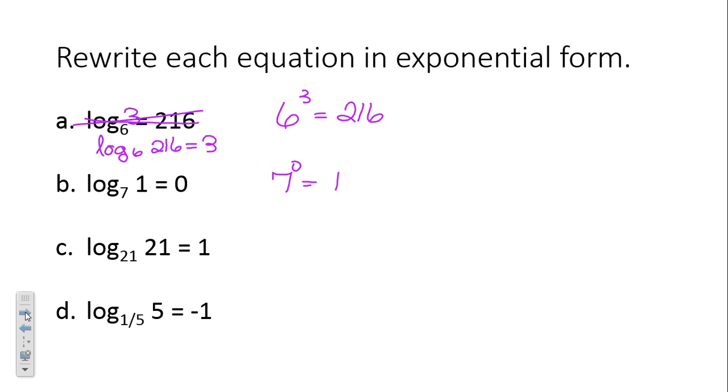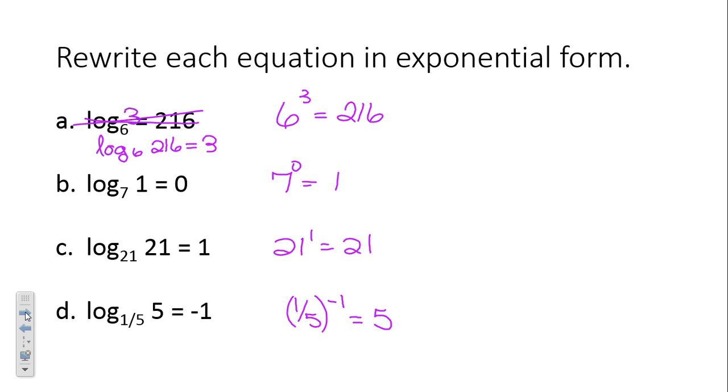Tristan, what's this one going to say in exponential form? 21 to the 1st equals 21. Okay. And Jamie, what's this one going to say? Very good. 1/5 to the negative 1 power equals 5.